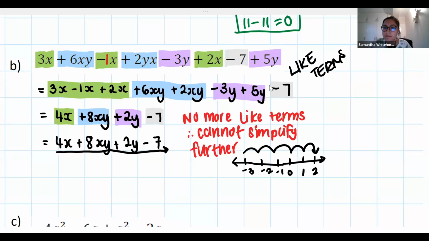Asake? Ma'am, I would like to ask if the number is negative, it means plus. Can you give me an example? Example is negative 3y plus 5y.